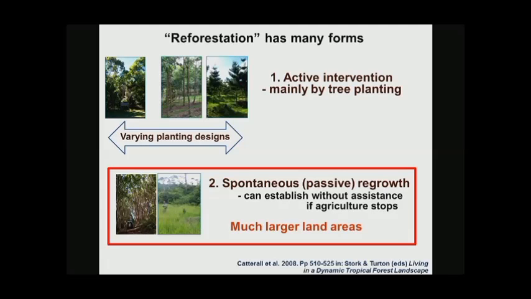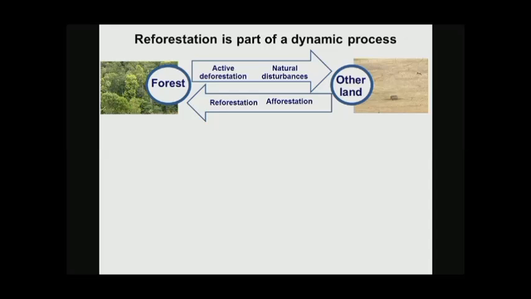As well as that, this reforestation is part of a dynamic process which consists of both loss of forest due to deforestation and then gain of forest due to reforestation or afforestation, where trees are planted on land which never had them before.